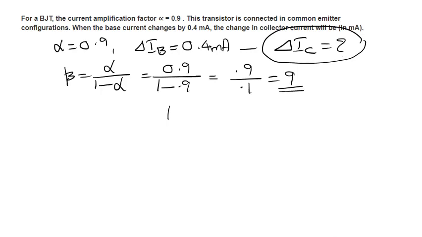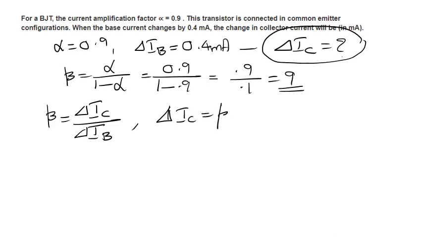Beta is defined, in the case of an AC current, as delta IC by delta IB: the change in the collector current divided by the change in the base current. So delta IC is equal to beta into delta IB.